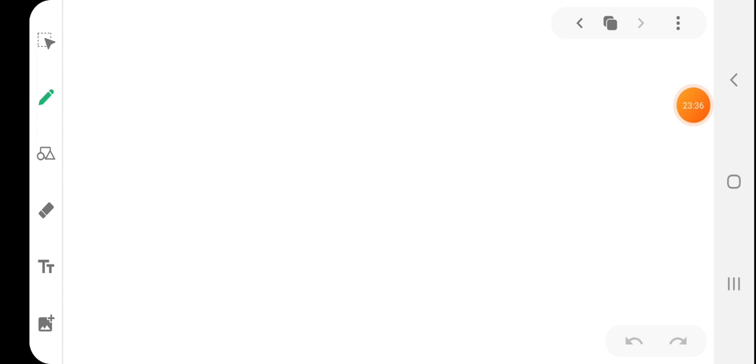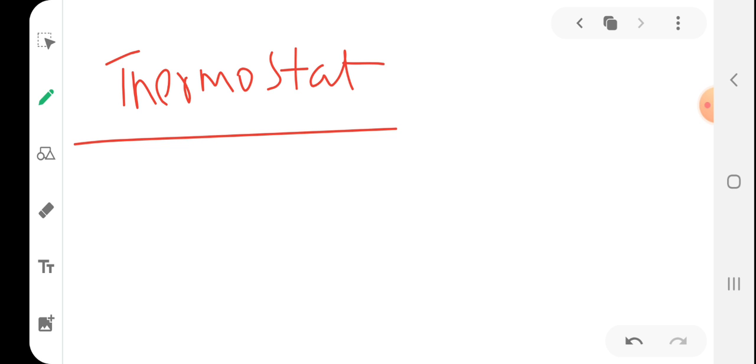Apart from these, there are other control systems like the thermostat. Have you heard of a thermostat? A thermostat is nothing but a temperature detecting and controlling system.